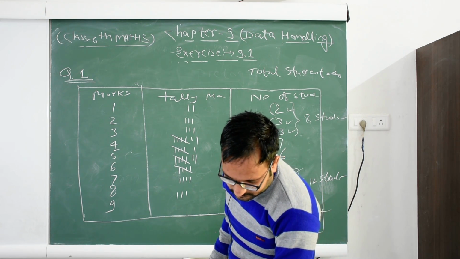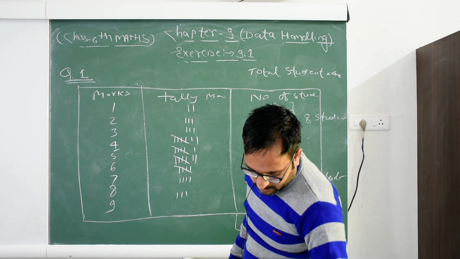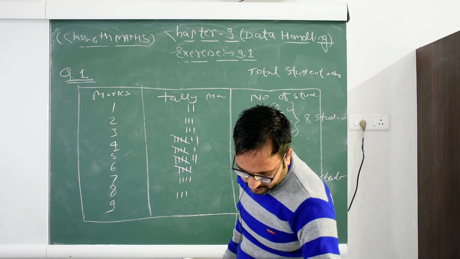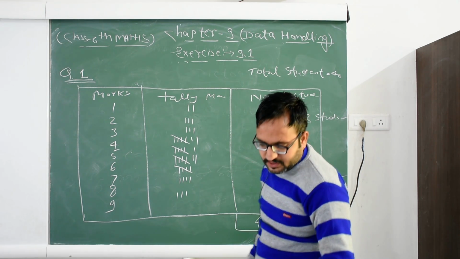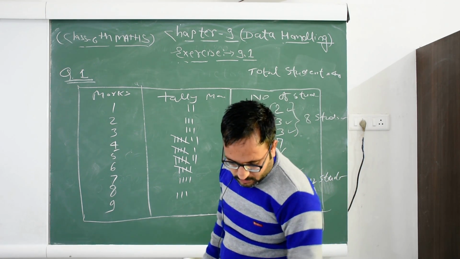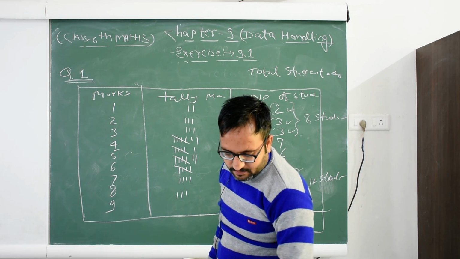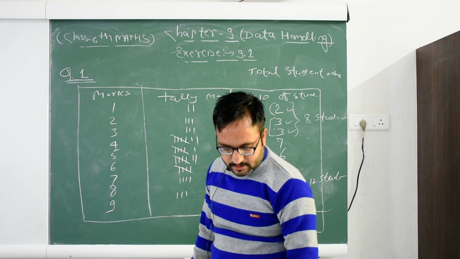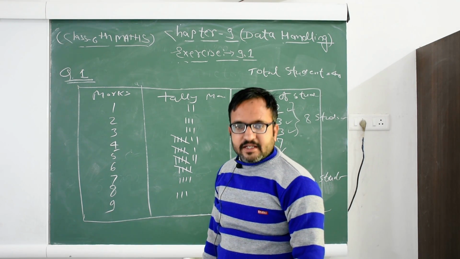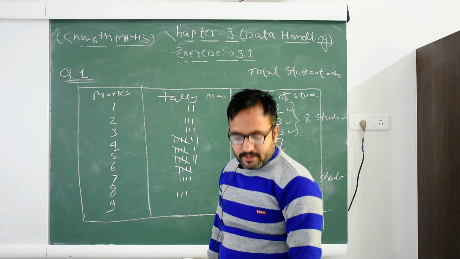Now question number 4. The following pictograph shows the number of tractors. We have two questions regarding the pictograph. We have a symbol of a tractor. So the tractor is used for representing the number.